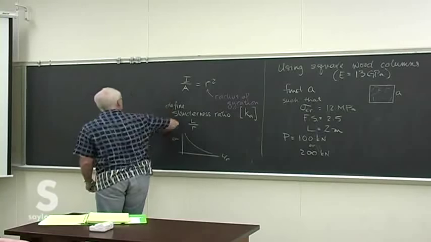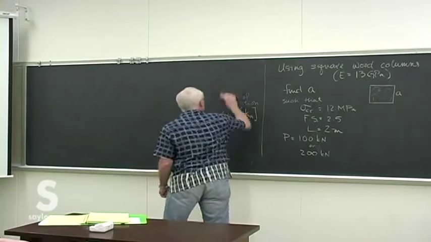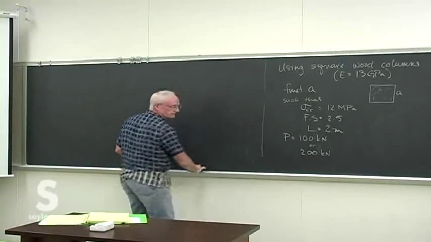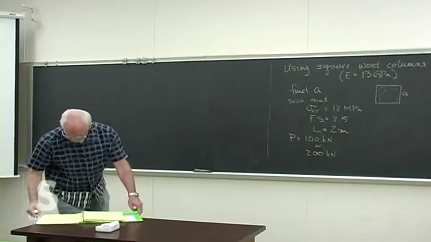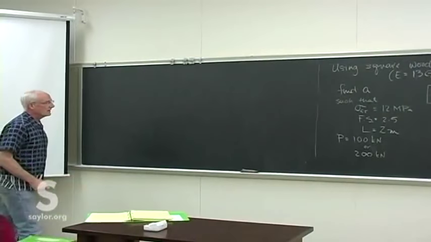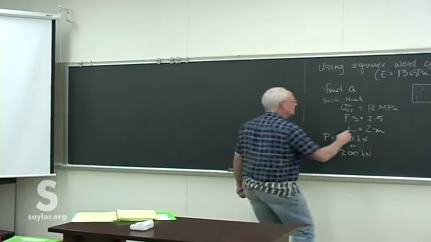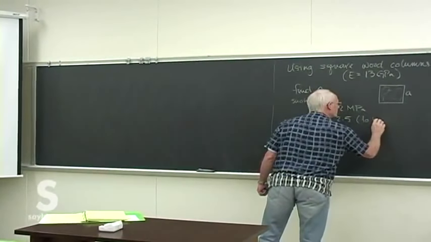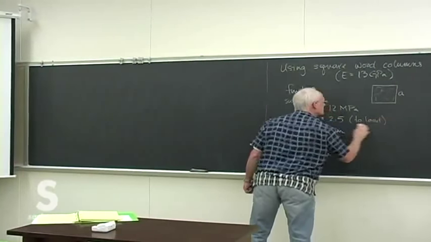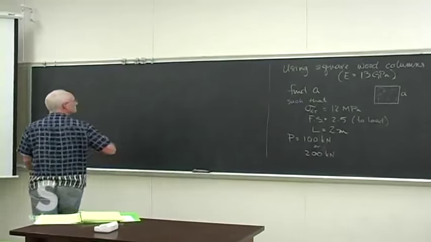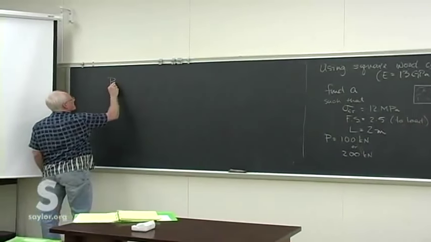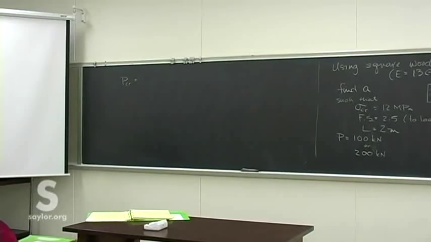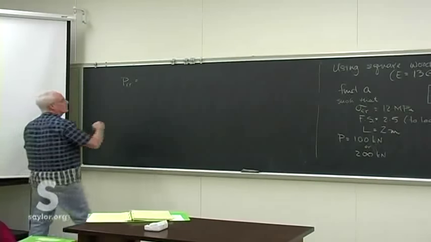And since we're assuming it's square, things get a bit simpler as we step through it. Okay, we'll apply the factor of safety. We have to apply it somewhere. It's usually specified. We'll apply it to the load. So we're going to design this for a critical load.